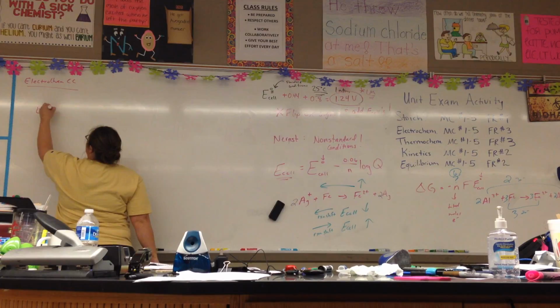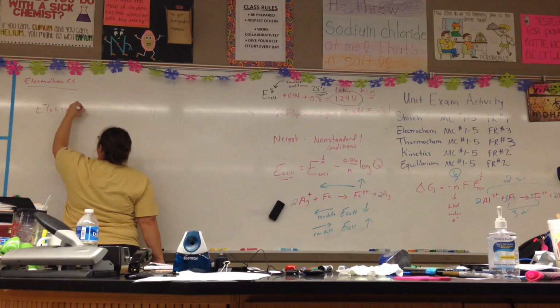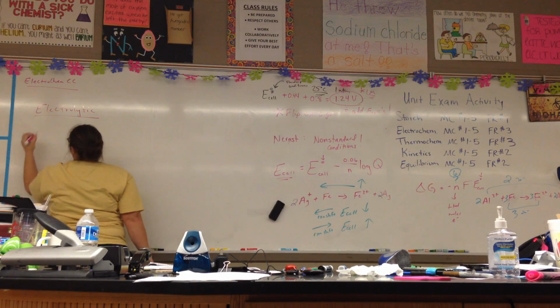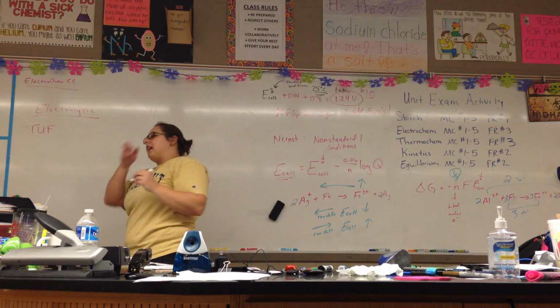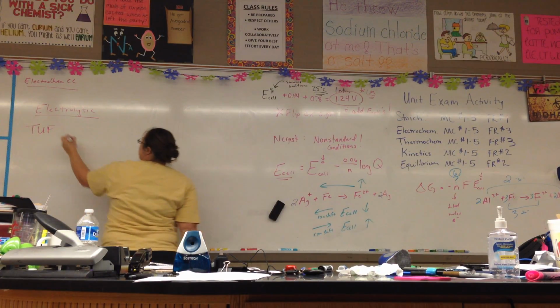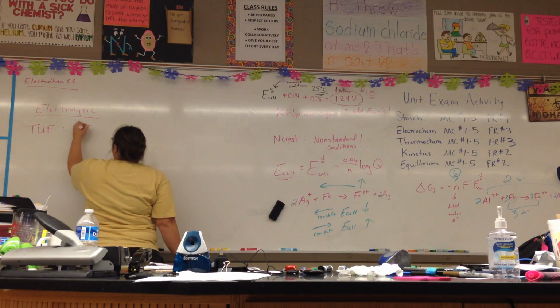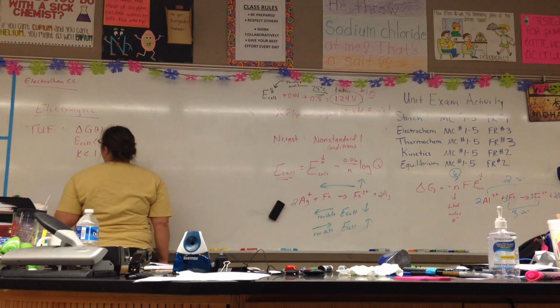Okay, electrolytic cells are thermodynamically unfavorable. So what that means is that delta G is positive, E cell is negative, and K is less than 1.